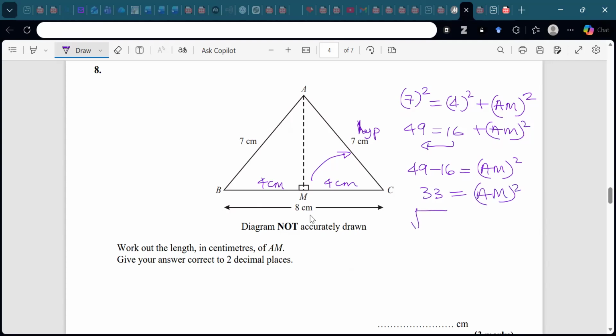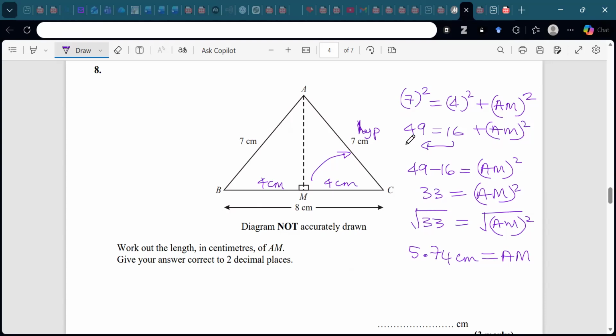So I'm solving for AM. So we take the square root of both sides because we want AM by itself and not AM squared. So the square cancels with the square root. And if we find the square root of 33, we're going to get 5.74. And the unit is centimeters. So that's the length of AM.